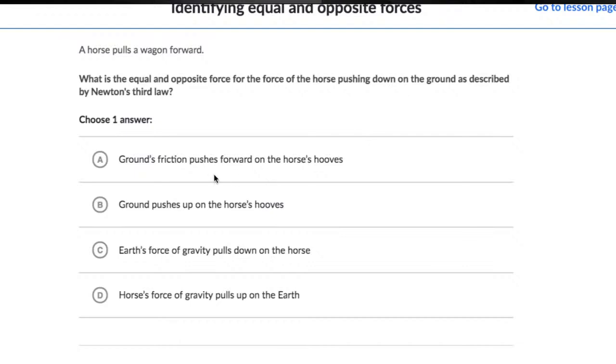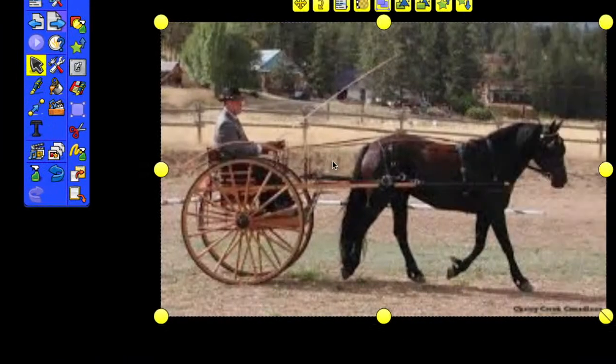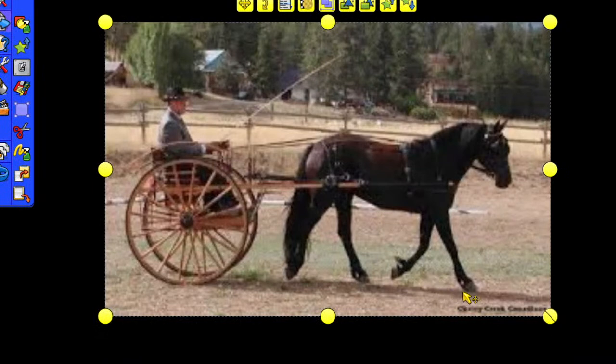Ground's friction pushes forward the horse hooves. What is the equal and opposite force for the force of the horse pushing down on the ground, described by Newton's third law? Ground friction pushes forward the horse hoof.